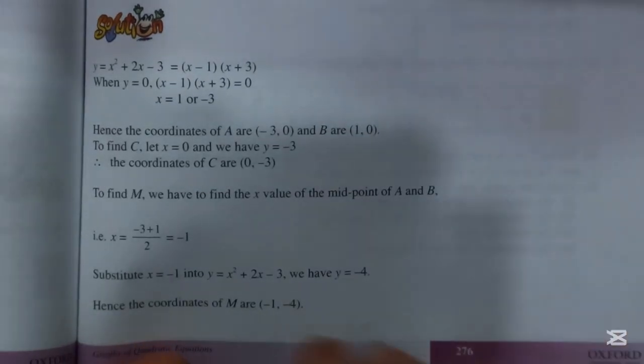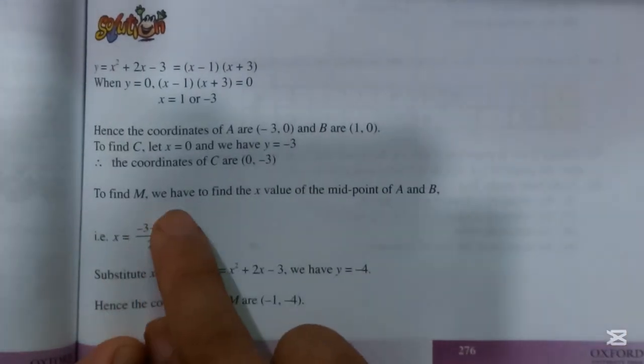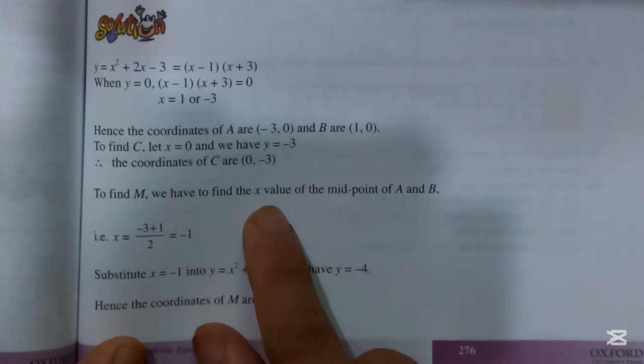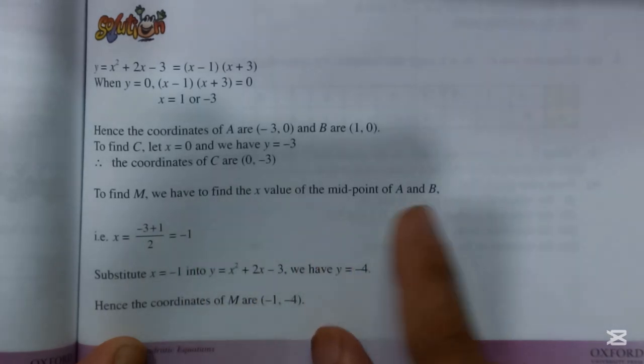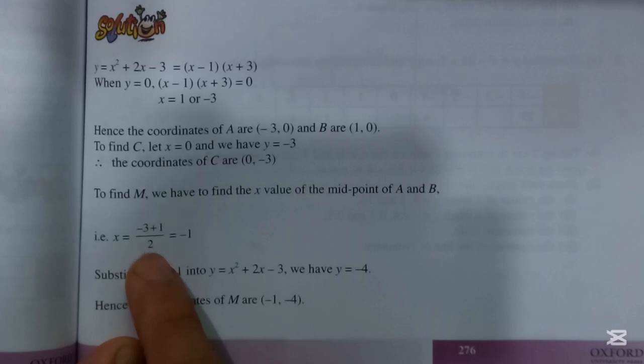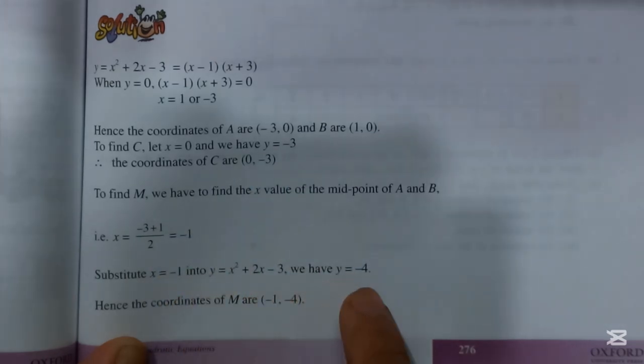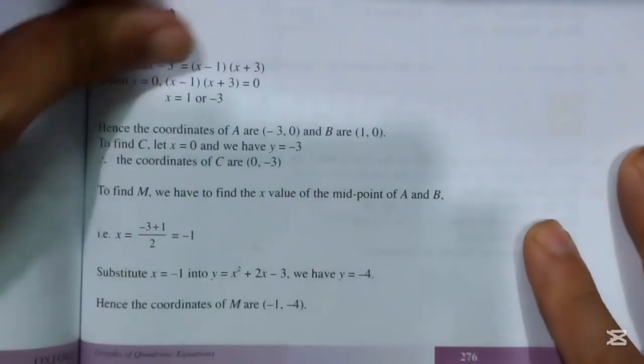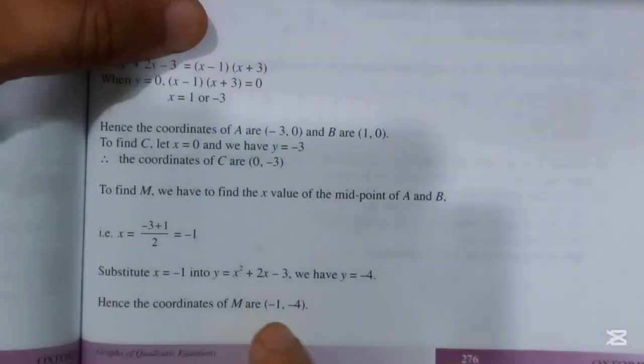Here is the answer. To find M, we have to find the x value of the midpoint of A and B. By using the midpoint formula, minus 3 plus 1 divided by 2 will make minus 1. Now this minus 1 will be put into the original equation. The corresponding y value will be minus 4. So the point M is minus 1, minus 4.